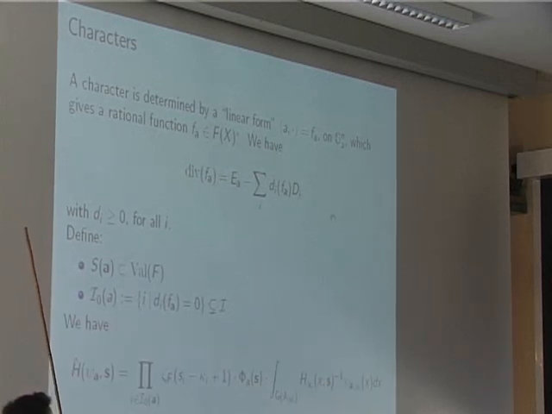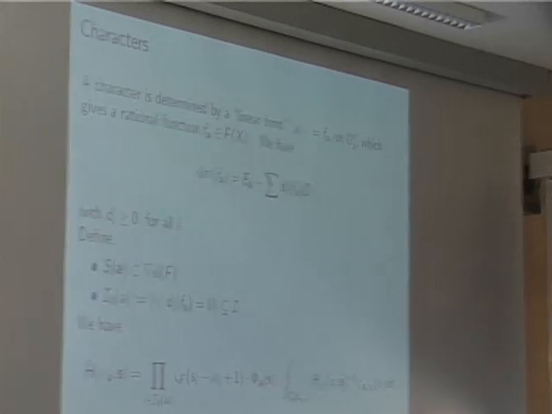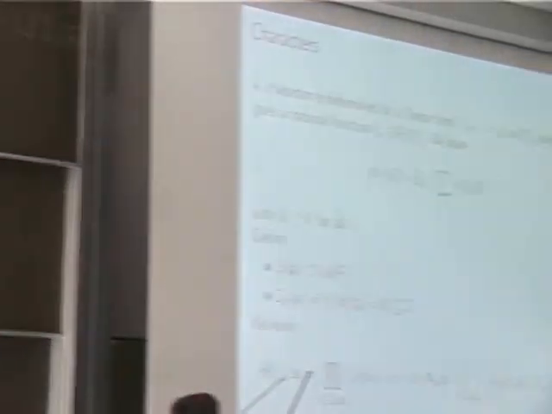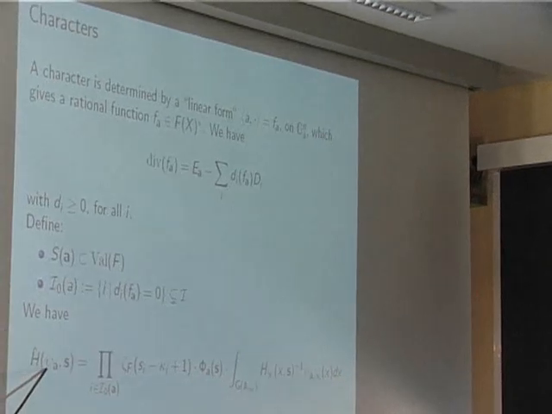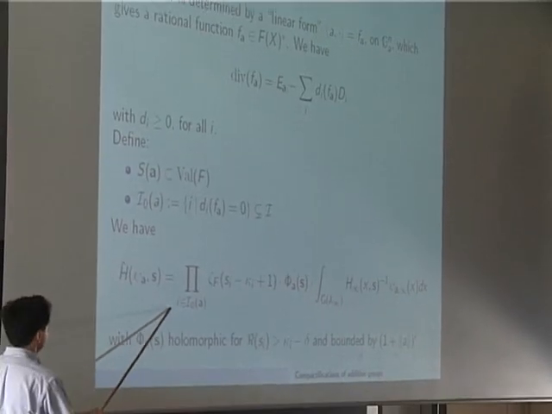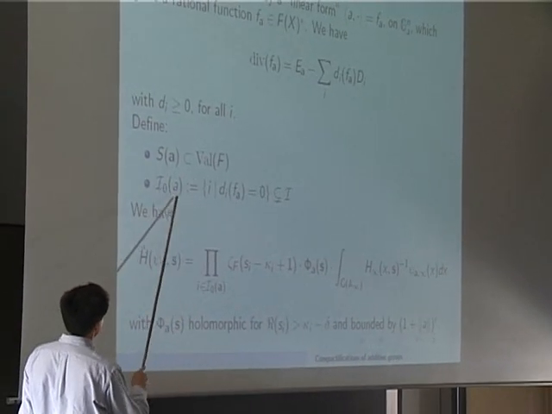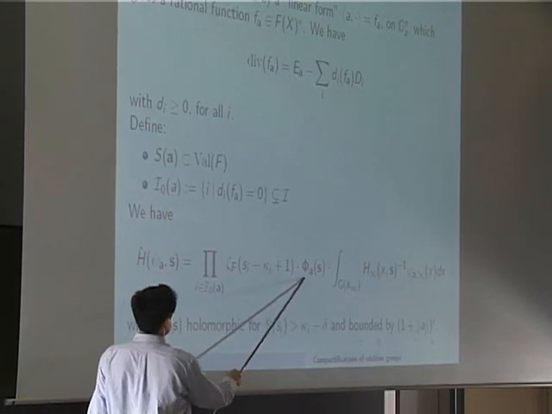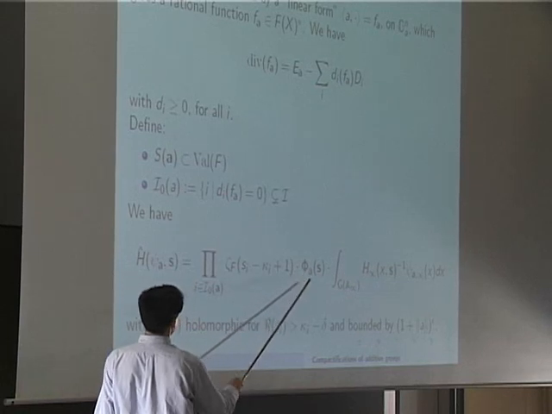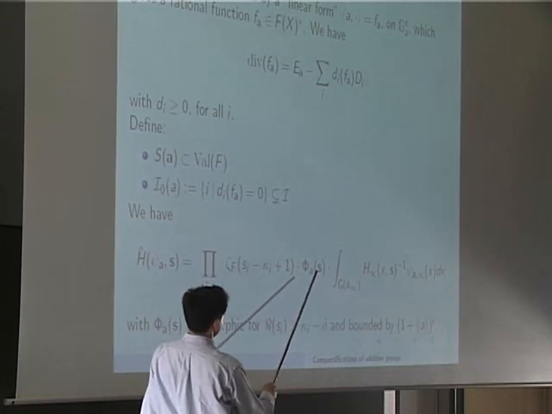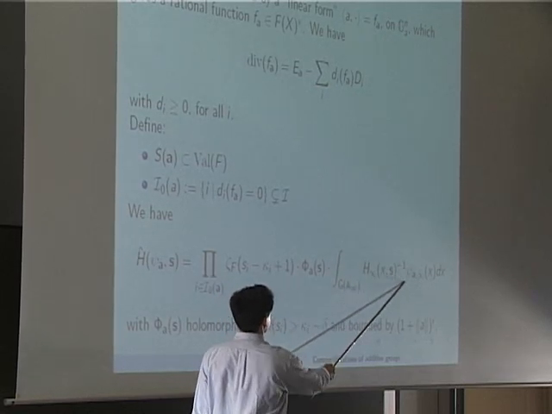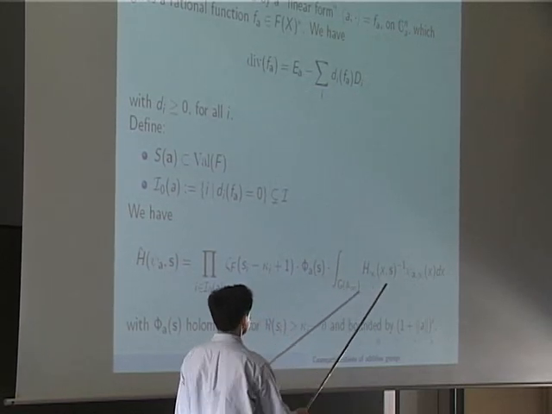And then there's a formula which is very similar to the formula for the trivial representation, and is derived in a similar way, which says that the Fourier transform with respect to this non-trivial character is a product over all i's in this subset of I of zeta functions, times a function which depends on a and which we will have to bound uniformly in some sense, times the contribution from the places at infinity, the Archimedean integrals.